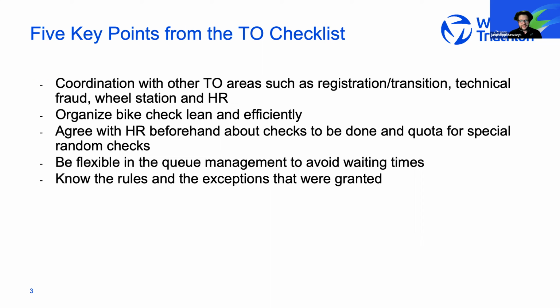One of the main things is that you coordinate with the other TO areas involved in the registration, transition, and all the checks that need to be done before the race, in order to make sure that you're all on the same page, so that you organize a smooth registration and transition check-in. And if there is a technical fraud check, and there will be a wheel station check, you need to come together with all of them, especially as the chief BikeCheck, to coordinate your work.